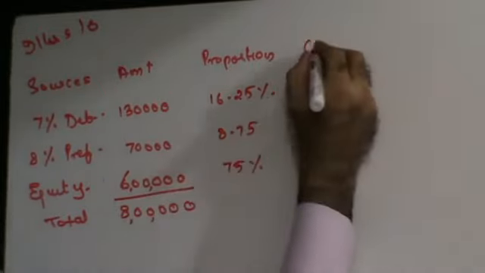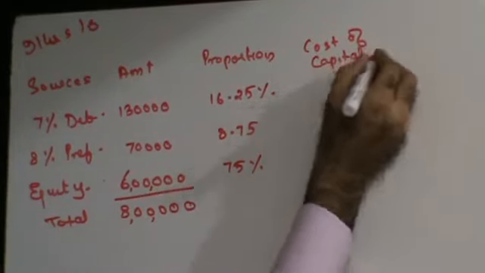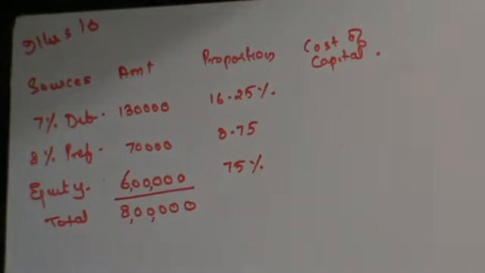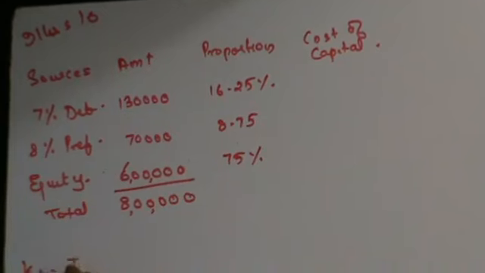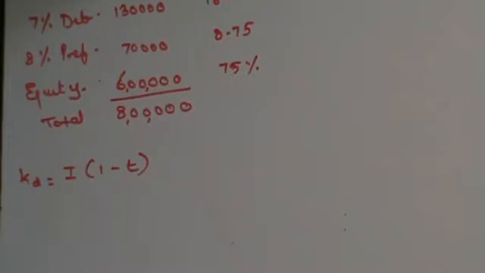Next, you have to find out cost of capital. Cost of debenture is found out by using the formula I(1 minus T), where I stands for interest rate and T stands for tax rate.